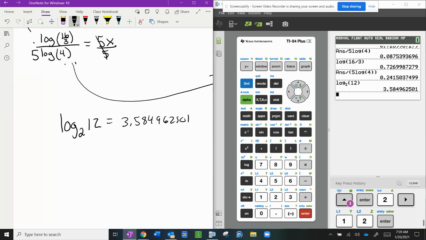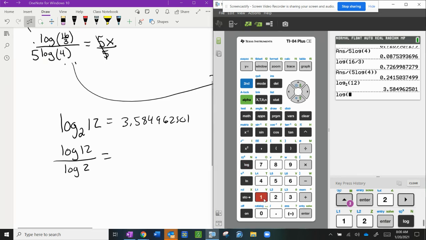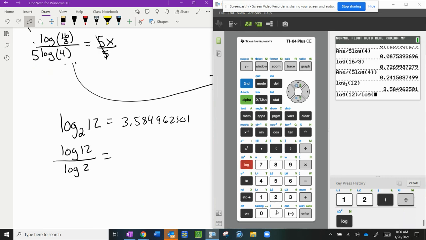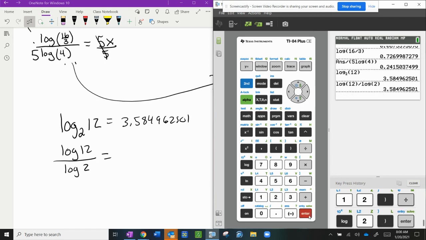3.584962501. Okay, I can convert this into any log. I can do log base 10. So log base 10 of 12 divided by log base 10 of 2. Remember, the base always goes in the base. Look, I can take log of 12, right? And I can divide that by log of 2. And I'm going to get the exact same answer.